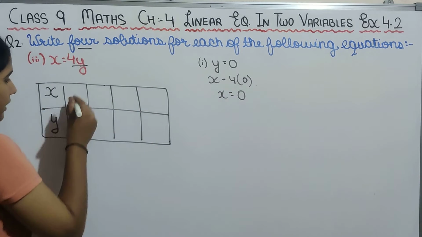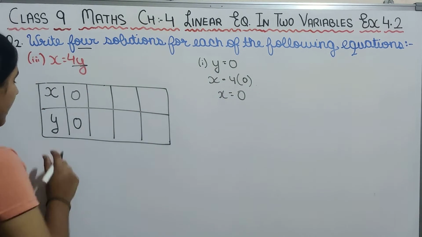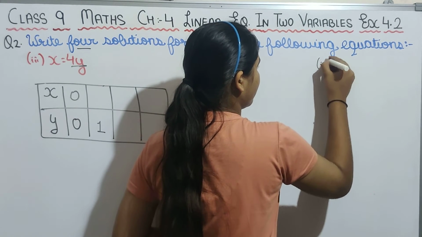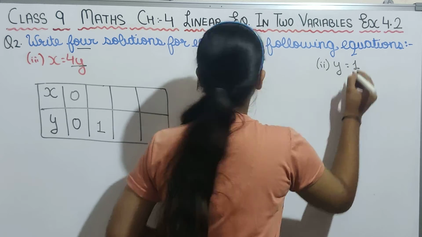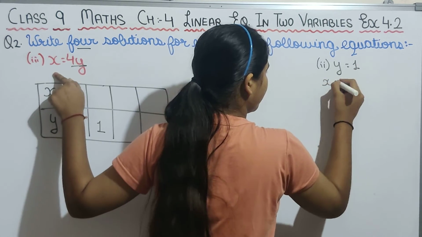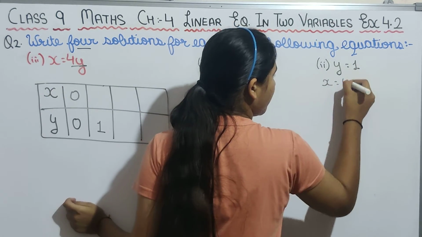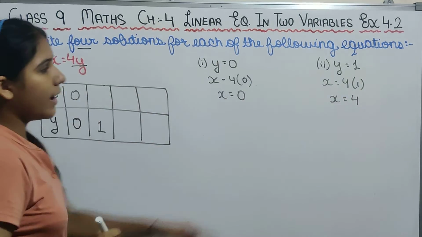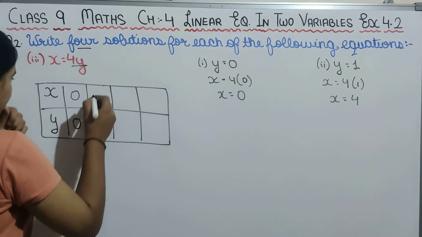If y is 0, x will also be 0. If we take y as 1, same as before, x is equal to 4 into y, means 4 into 1. So x will be 4. If y is 1, x will be 4.